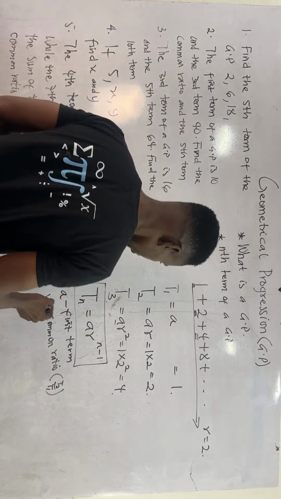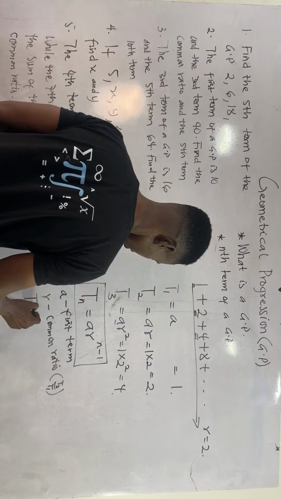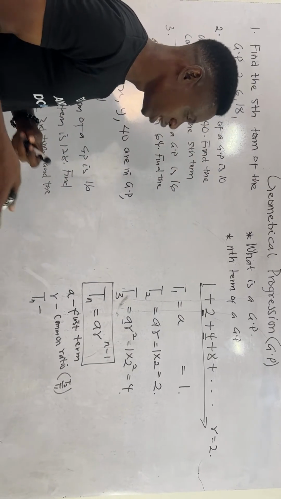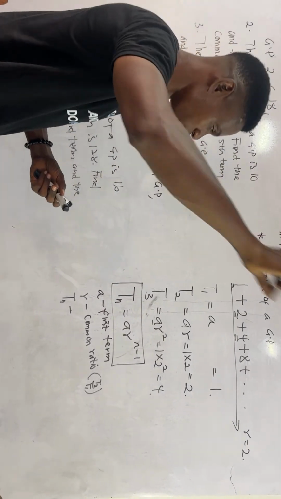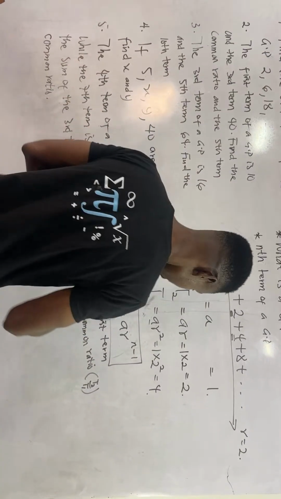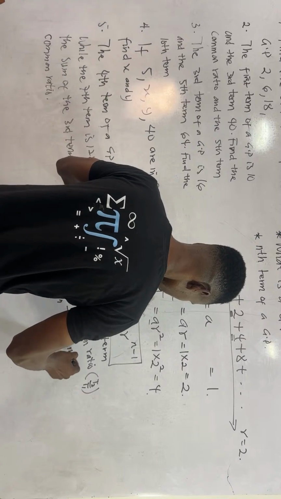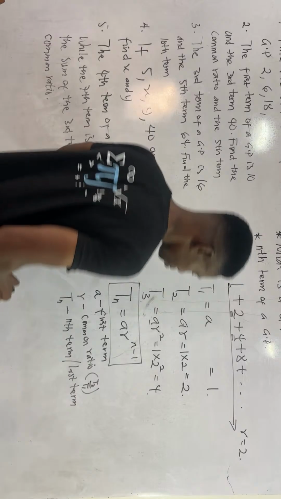Now, what about Tn itself? Tn is either the nth term or the last term, since that's the term you are getting to, the last term based on the series you are treating.